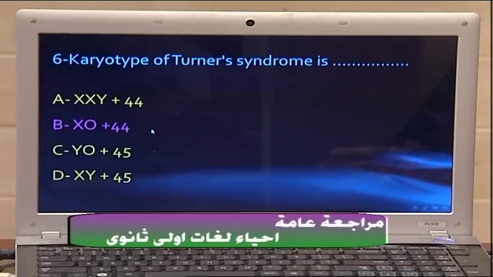The normal number of chromosomes in the human is 46. This female is abnormal because her cell contains 45 chromosomes, not 46. That means the number of chromosomes here is decreased by 1 from normal.